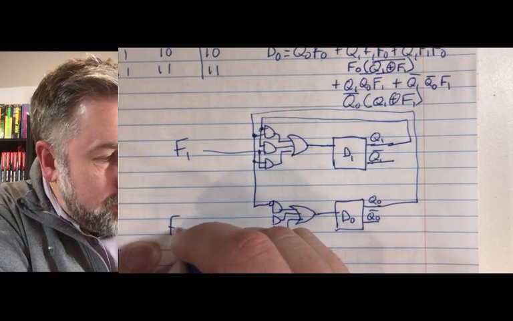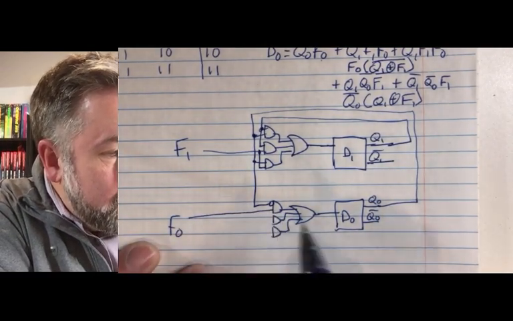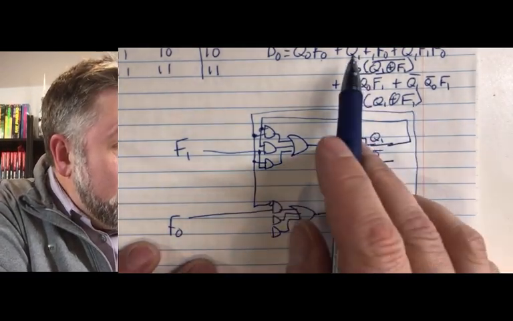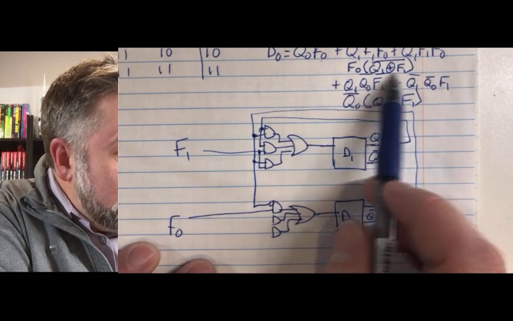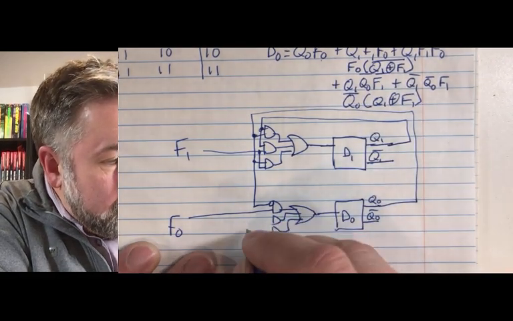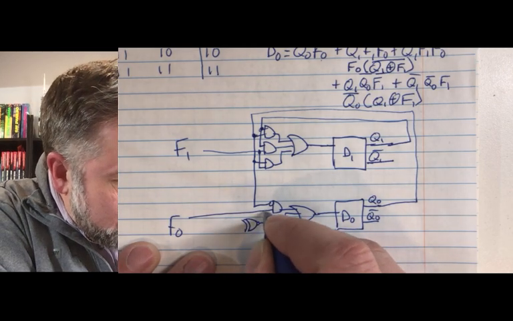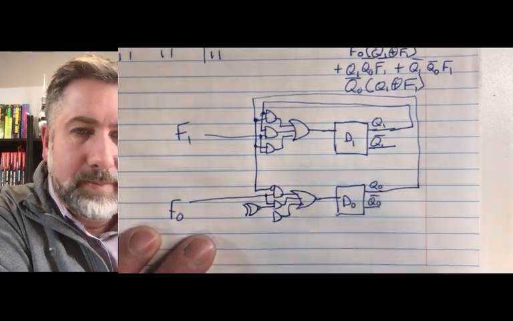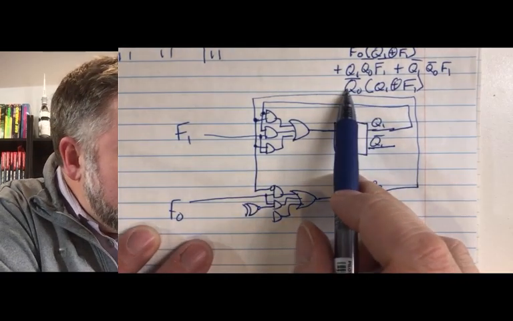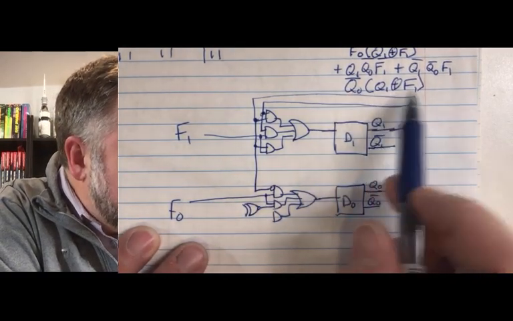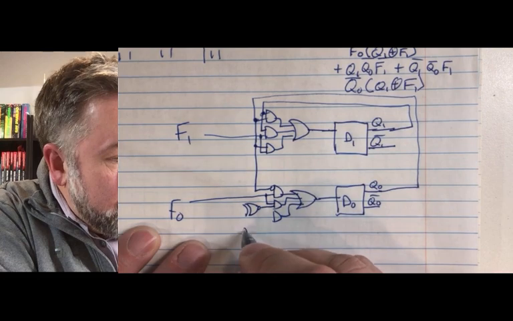And then F0 is here. And then these ones are going to be F0 and this exclusive NOR. So we'll put an exclusive NOR here. F0 here. And then this one is going to be Q0 bar and an exclusive OR.